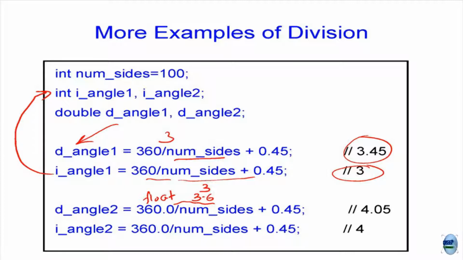So you could likewise look at the second pair. Here 360.0 is of type float or double. Float is fine, and therefore the result will be again of type float, 3.6. To that you add 0.45, you get 4.05. Okay.